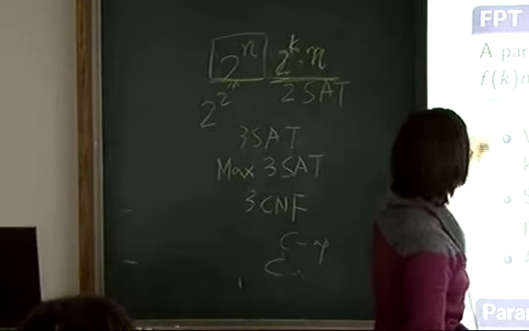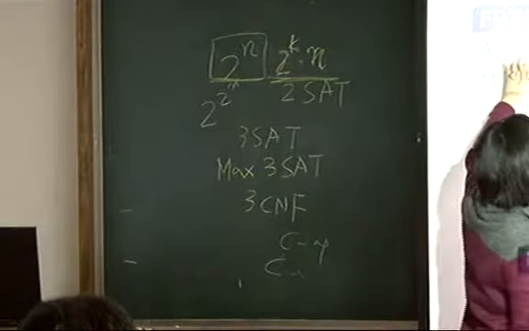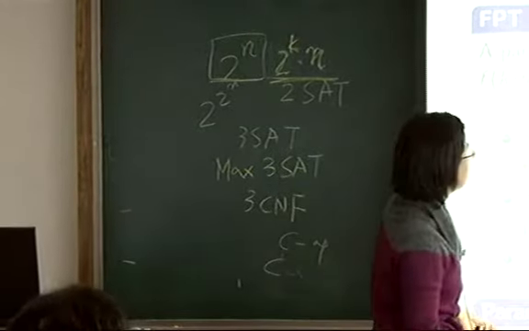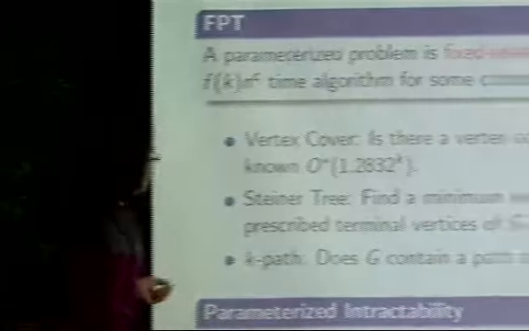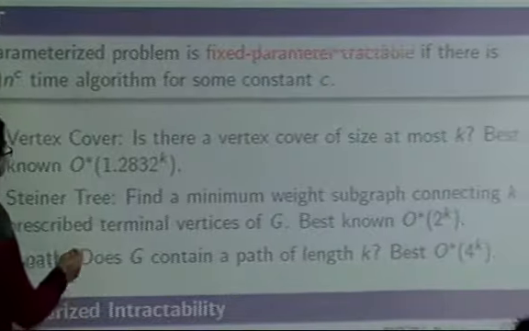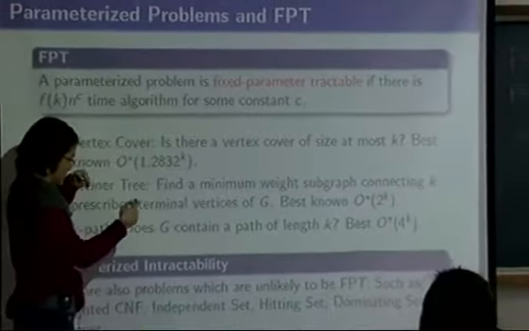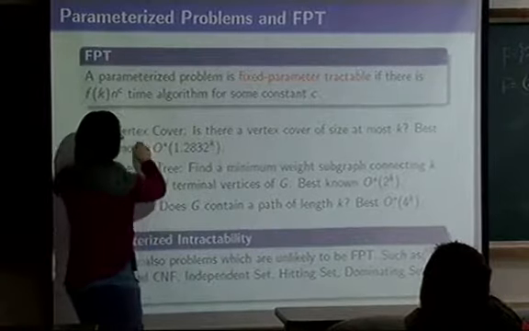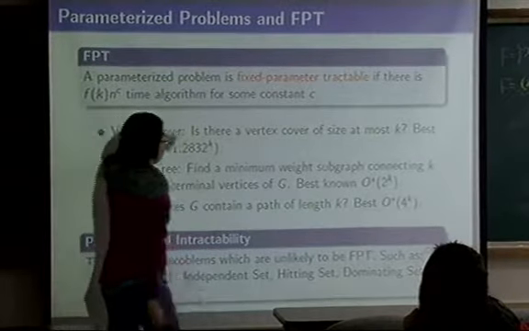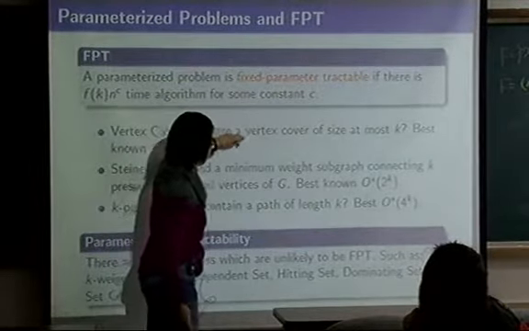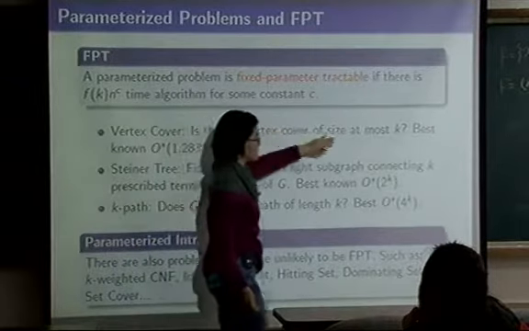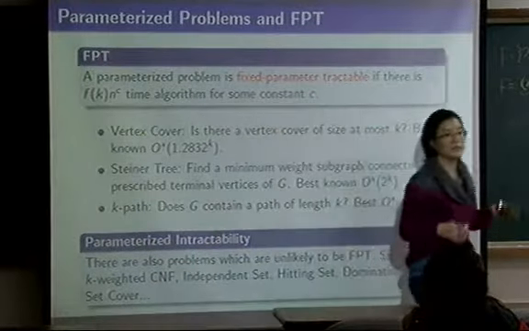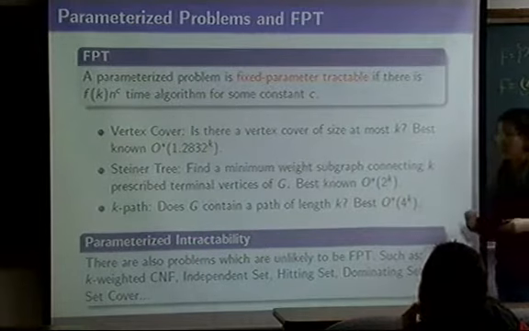So for example, I'll talk about what parameterization means. Parameterization is a function from an input instance to some natural value. For example, for vertex cover, the input instance is a graph and some k, and you ask whether there is a vertex cover of size at most k.